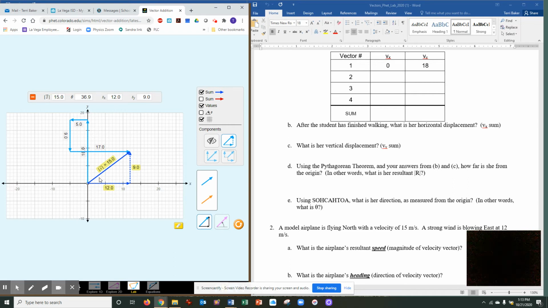You could have just as easily used inverse sine 9 divided by 12, or you could use inverse cosine 12 divided by 15 for adjacent over hypotenuse. You could have used any of the three and you still would have gotten the same angle.